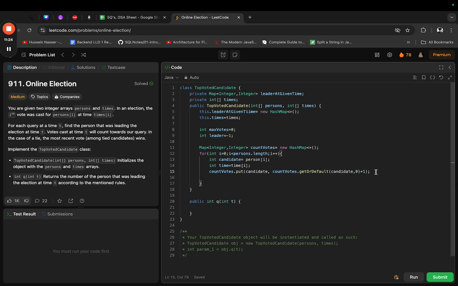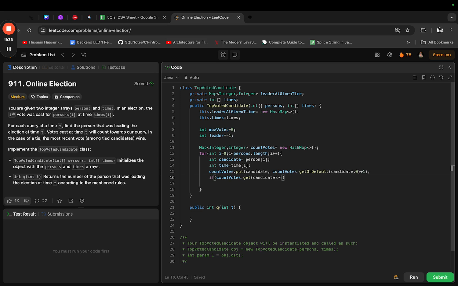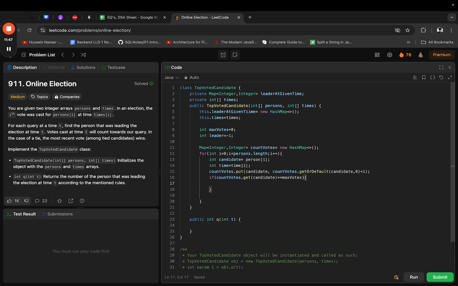Then what will I do? If count votes dot get candidate is greater than or equal to max votes. So what I am doing is, at a particular time, if the given votes exceed the maximum votes, we have to make that candidate the leader, right?